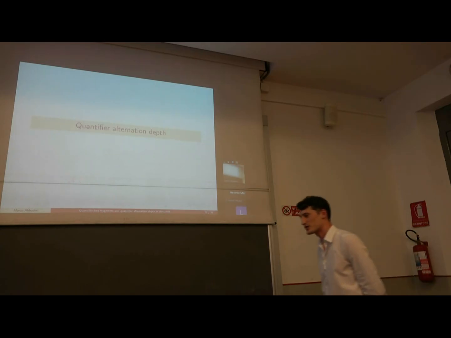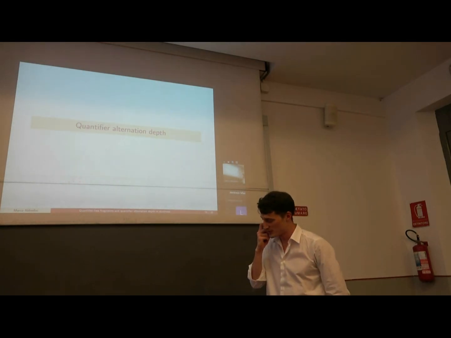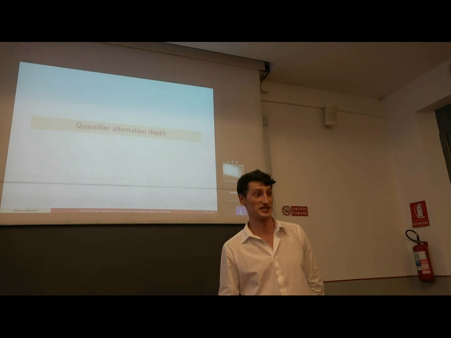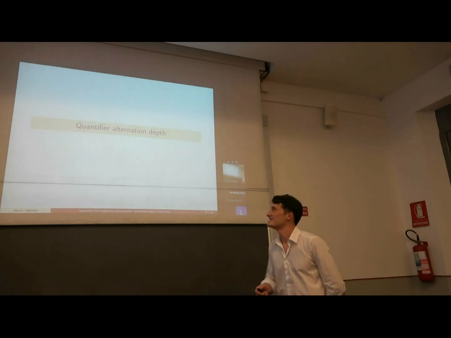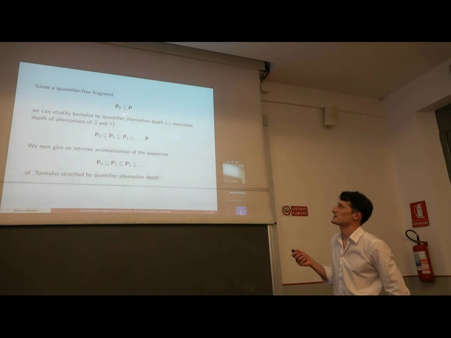Okay, and now that we can talk about quantifier-free formulas, we can also introduce quantifier alternation depth. Now, if we have a quantifier-free fragment P0 and P, you should think of P0 as just quantifier-free formulas and P as all formulas.